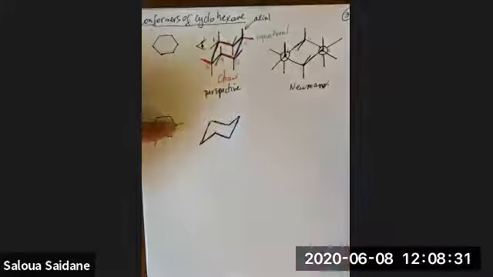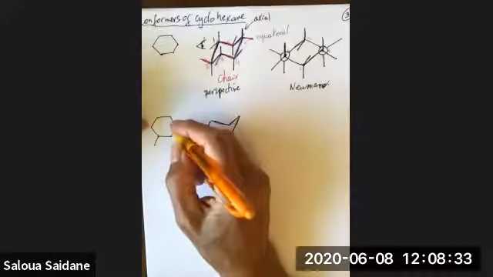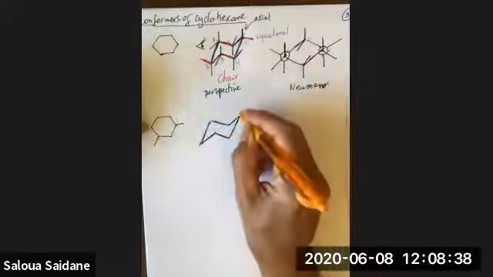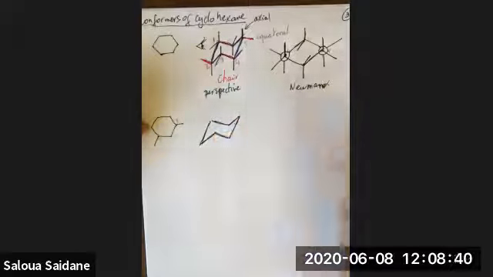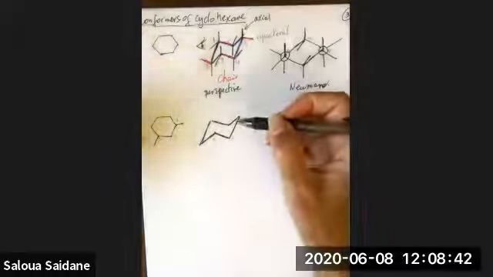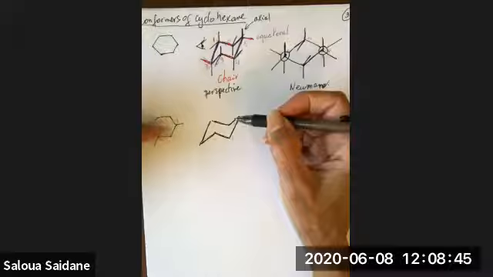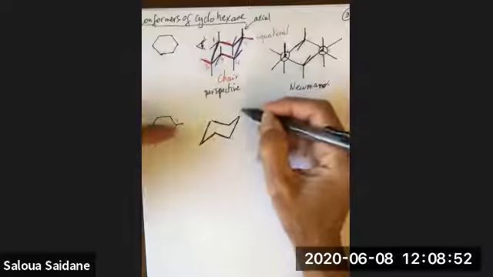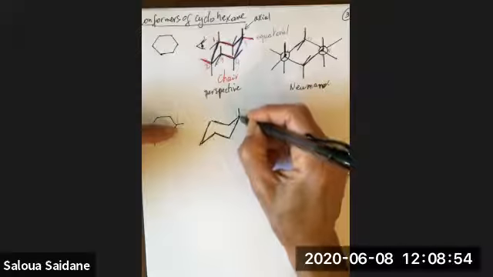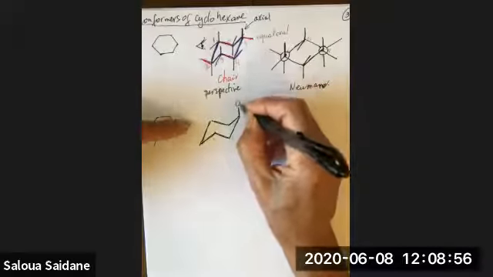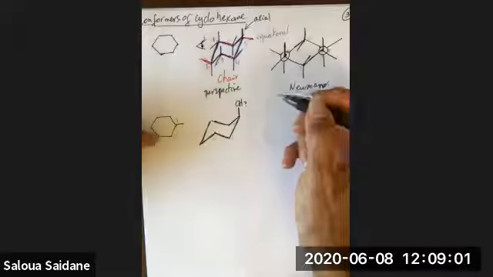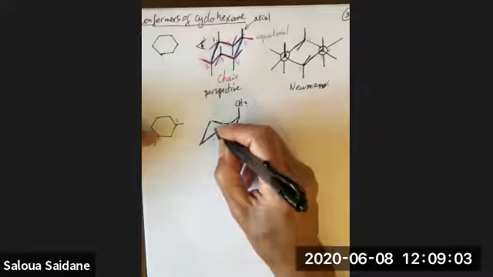Then I can call this my carbon 1, 2, 3. So this is 1, 2, 3. You see, this has a limitation because it's not telling me where the CH3s are. Are they axial or equatorial? So I can pick one scenario where I put this CH3 up here, and I can put the other CH3, so we have up, down, up.